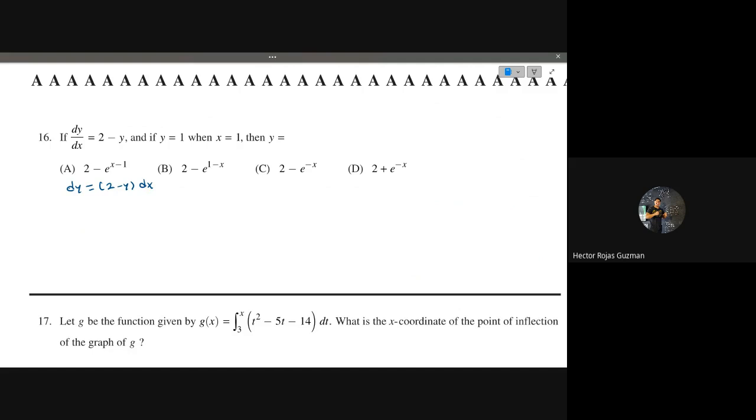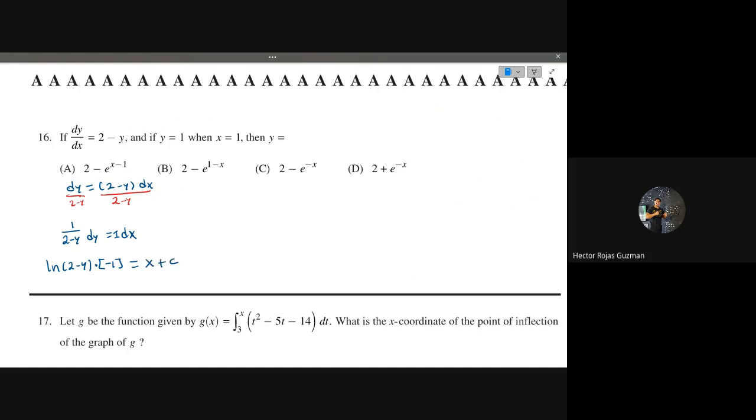Then I'm going to go ahead and divide by the group 2 minus y. So that gives me 1 over 2 minus y dy is equal to dx. If I find my antiderivative, I get the natural log of 2 minus y, but there's got to be a chain rule right here, so we're going to multiply times the reciprocal of the derivative. Technically, for the dx, there's an invisible 1, and the antiderivative is x plus c.